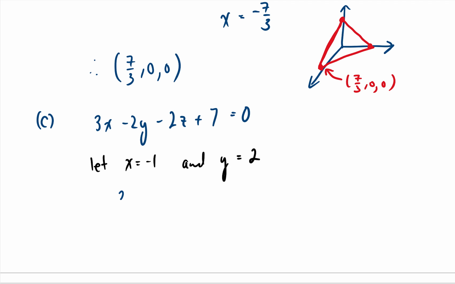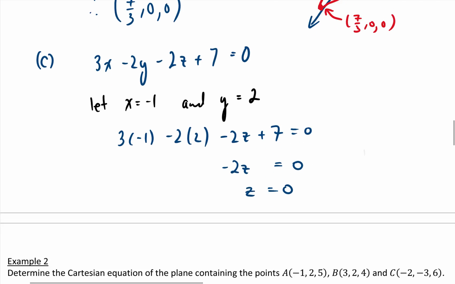So therefore, I have 3 times -1 minus 2 times positive 2 minus 2z plus 7 equals 0. This gives me negative 2z, and then adding those up gives me negative 7, so that's going to give me negative 2z equals 0, and therefore z equals 0.